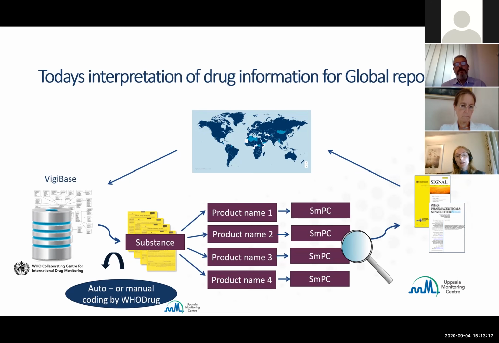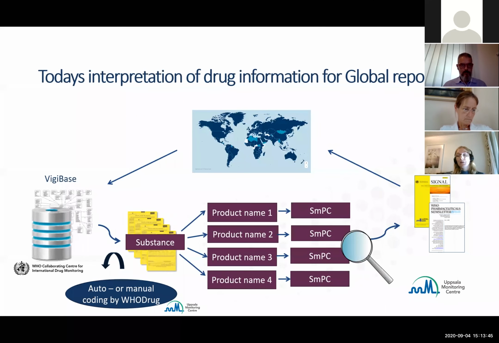So when we have identified the substance in the signal detection, we today aggregate all data on the substance level. And in WHO Drug, the substance level is similar to, in IDMP, linked to the product name. So what we can do then is, after a signal is identified, we usually expand the search to see if there are more reports on other products with the same substance.